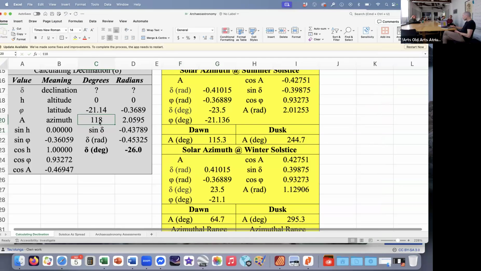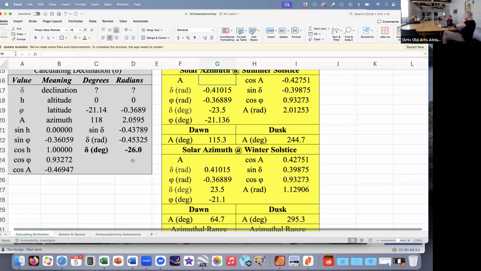Do the exact opposite. Minus 26. It's still not giving us anything. It's not even in the range.